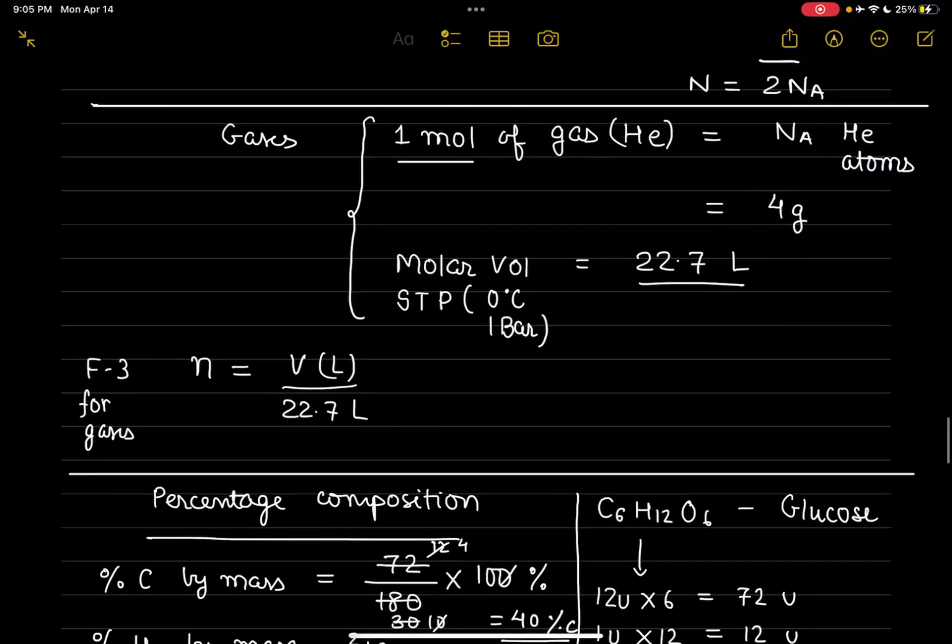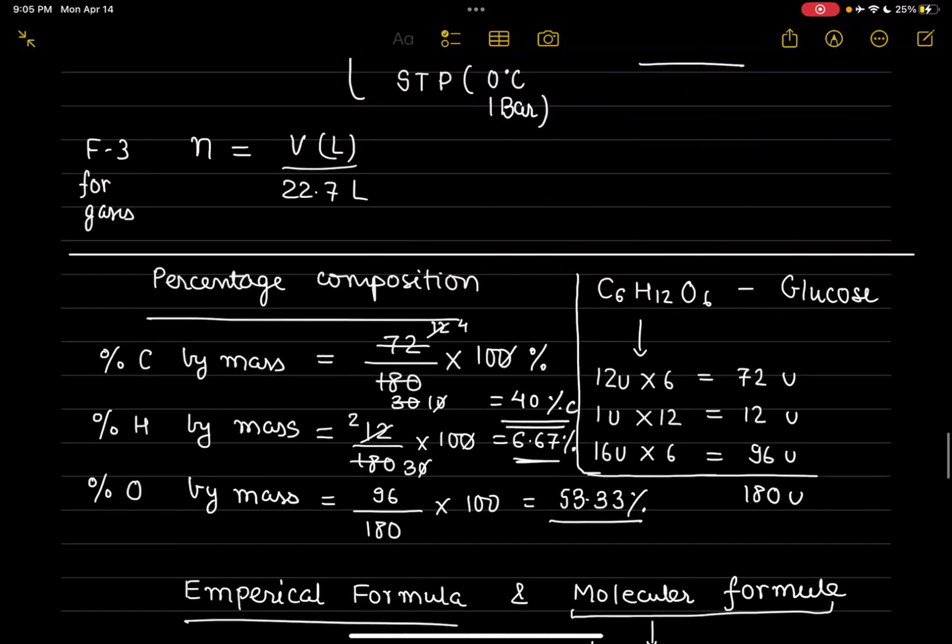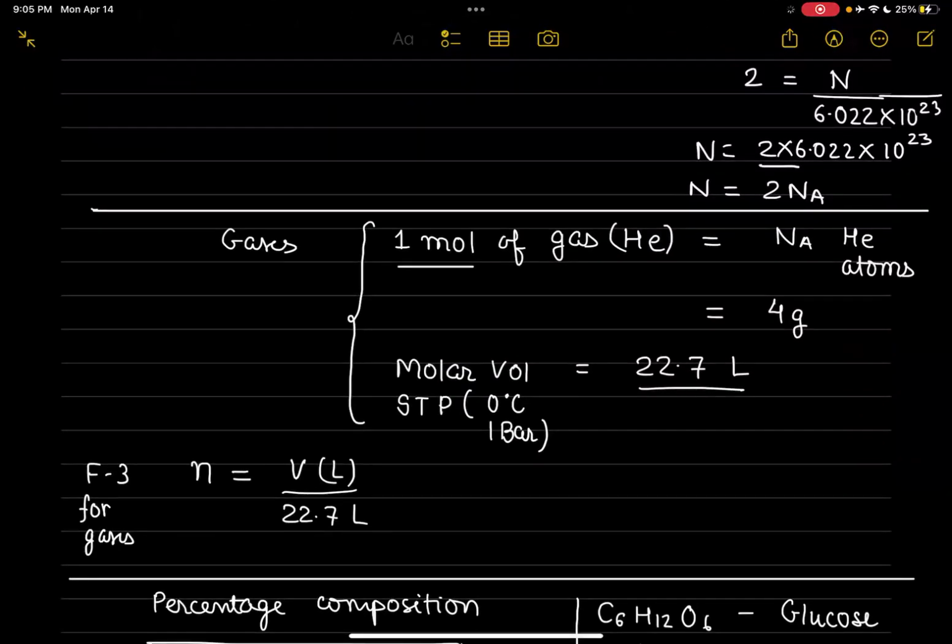Actually, last time we discussed that 1 mole of gases are measured in terms of volume, how much space they occupy. Okay, this is volume.